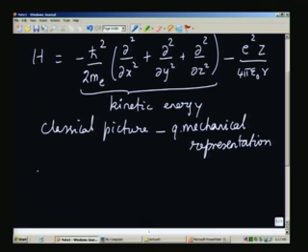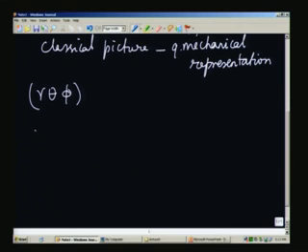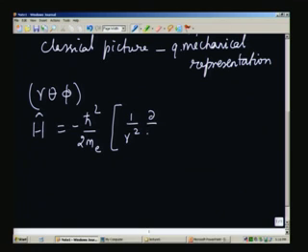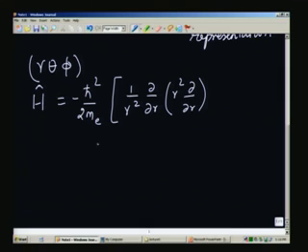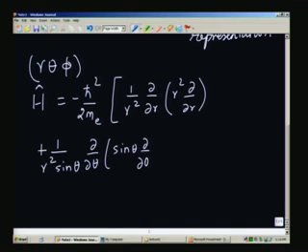Now this was converted into the r theta phi coordinate system in the last lecture, and I would like to write the Hamiltonian using the polar coordinate system as minus h bar square by 2 m e, 1 by r square dou by dou r of r square dou by dou r, then the theta phi terms: plus 1 by r square sin theta dou by dou theta of sin theta dou by dou theta, plus 1 by r square sin square theta dou square by dou phi square.